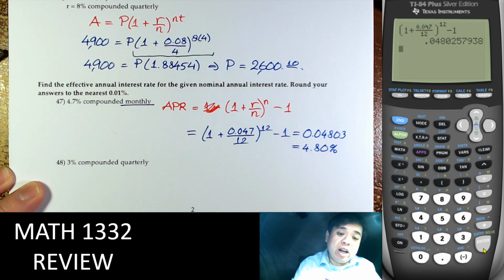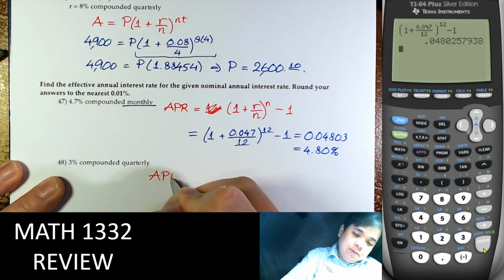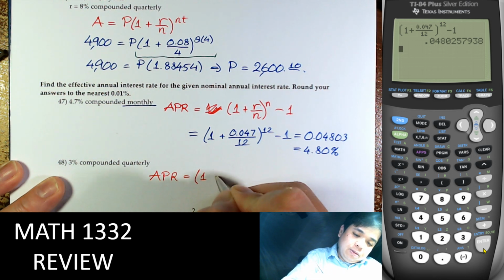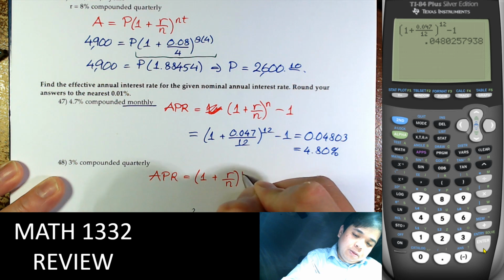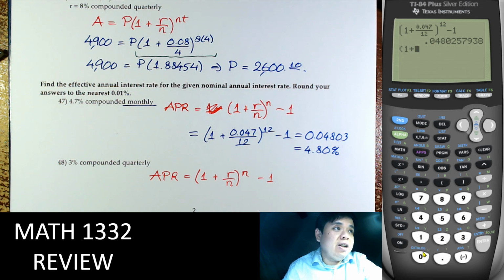Same thing on the next one. 1 plus 0.03 over 4, quarterly, 4 times a year, to the power 4, minus 1.